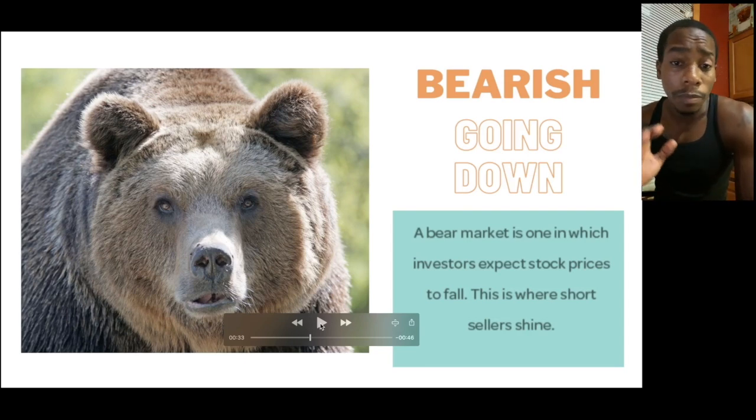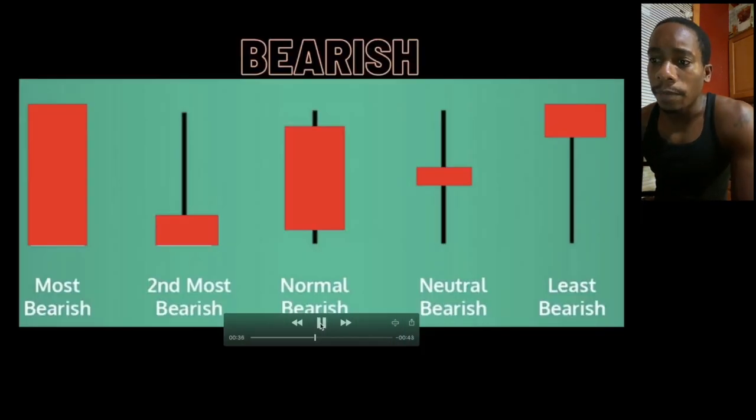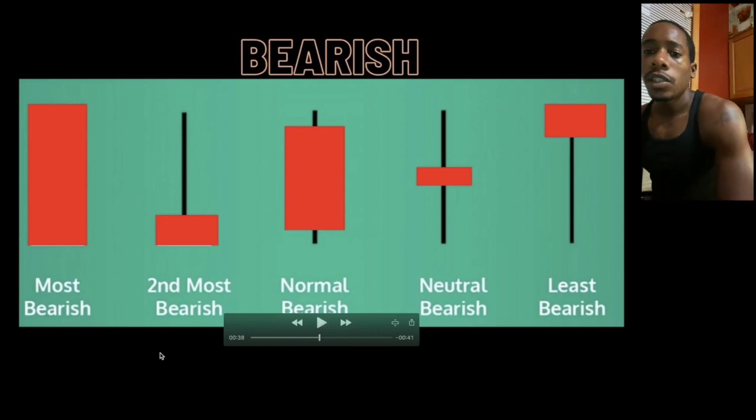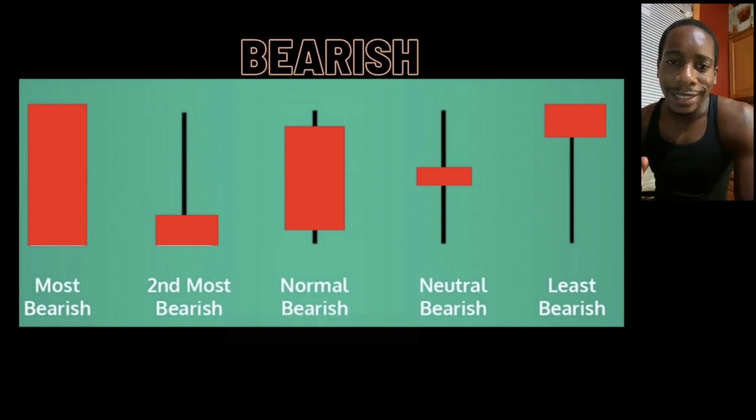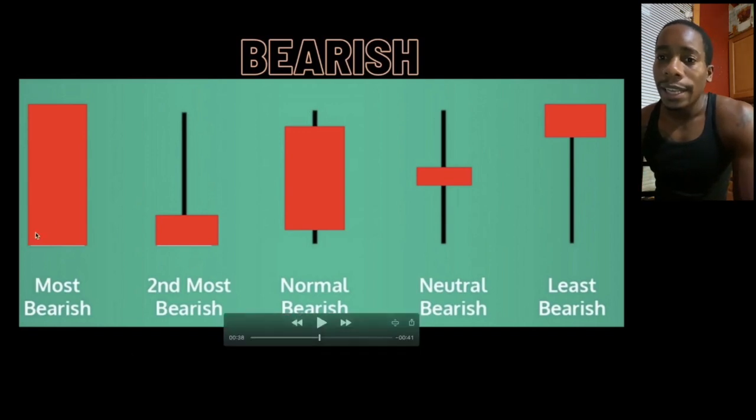But with bearish, you can make a lot of money as the stock goes down, right? I want to give you examples of bearish candlesticks, right? Just as much as the bullish candlesticks, it's the same layout here.